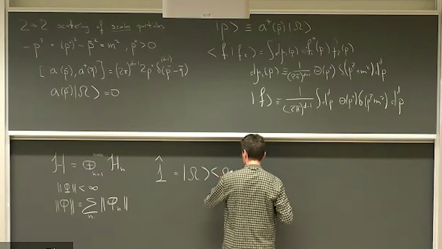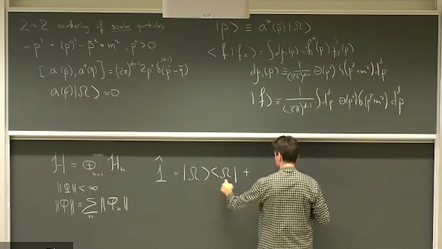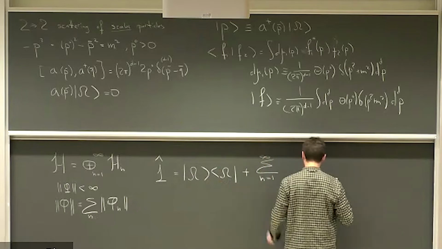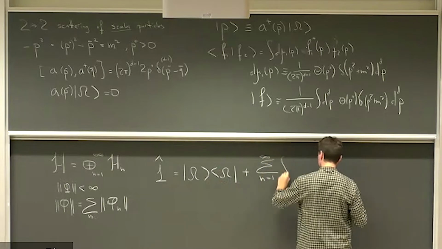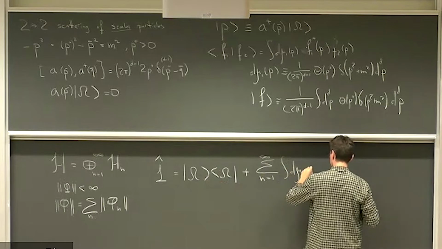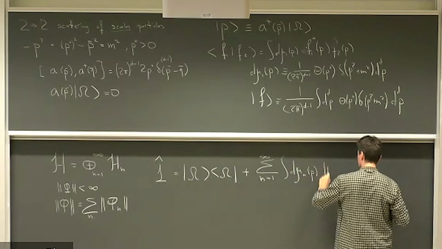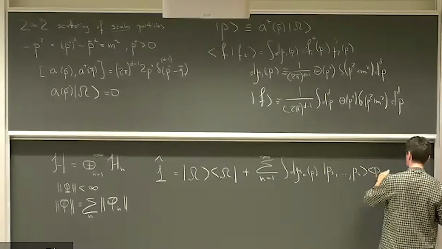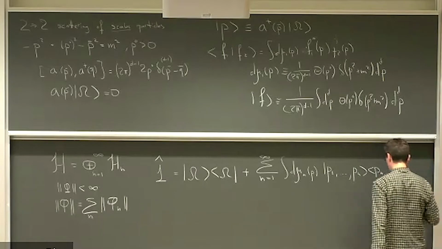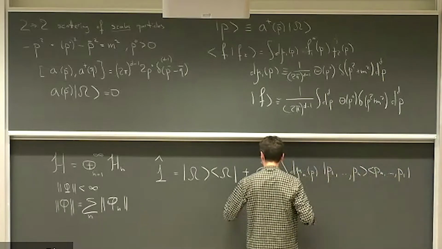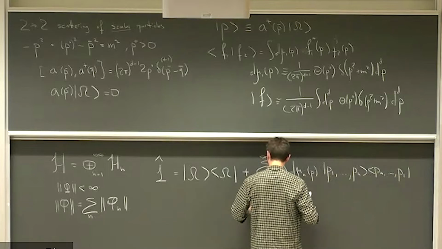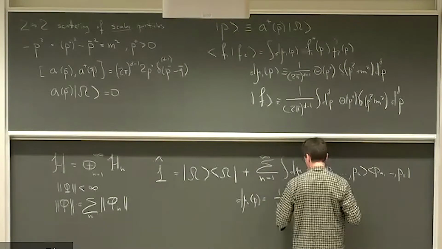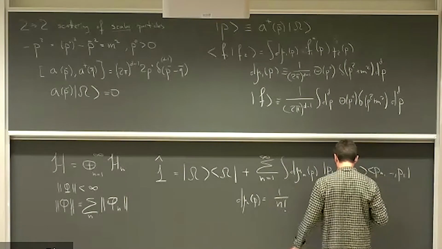So we have the vacuum plus a sum over all states. And again, there is the measure. For simplicity, let me consider scattering of identical scalars.